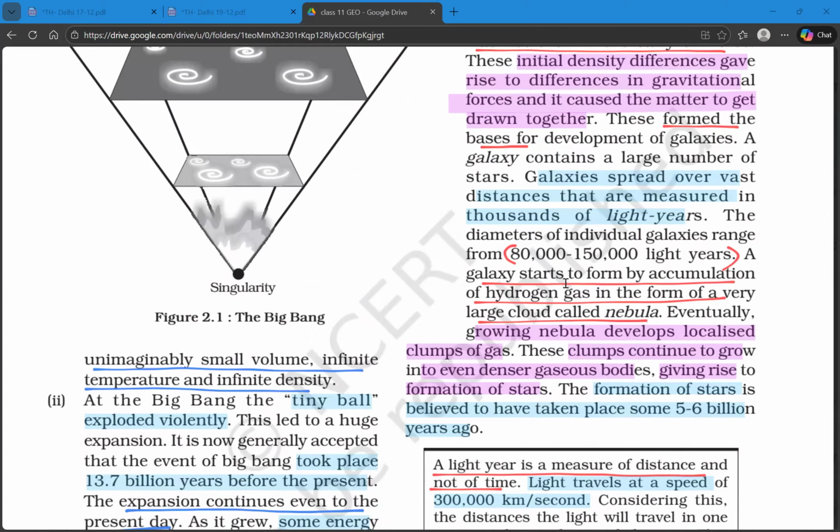A galaxy starts to form by accumulation of hydrogen gas in the form of a very large cloud called a nebula. So what is a nebula? It is a very large cloud in which hydrogen gas has accumulated. Eventually, the growing nebula develops localized clumps of gas.